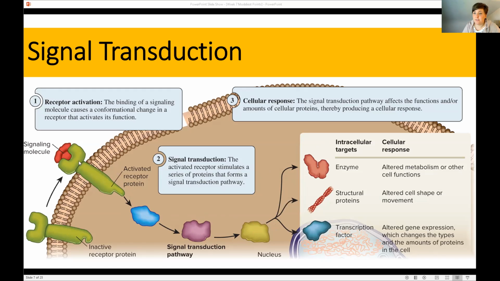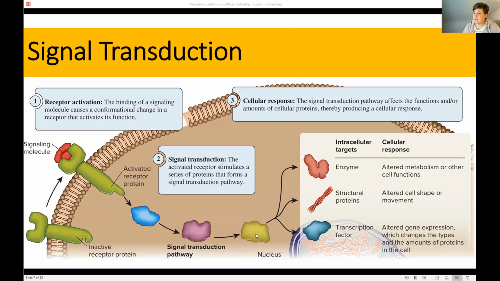So if you're initiating a response but want to stop it, like let's say the stimulus stops, you can stop the process right here or right here, and then you won't ever get to the response. So multiple steps means multiple levels of regulation, or basically points of intervention.